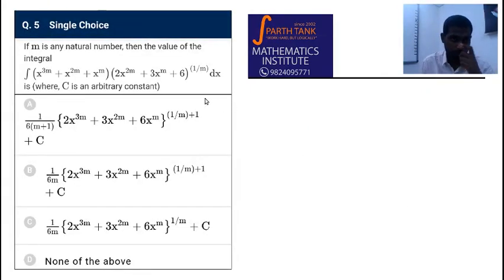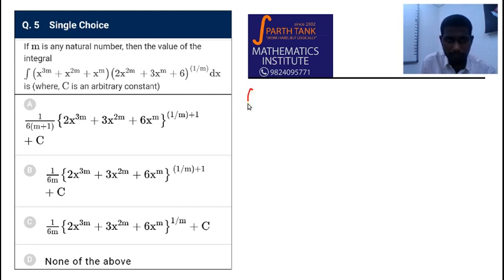If m is any natural number, then the value of the integral, this whole integral, x to the power 3m, x to the power 2m, x to the power m, and this, where c is an arbitrary constant, is. This looks a little bit scary with the power 1 by m and all, but we'll try to make the whole thing here a derivative of some term here.